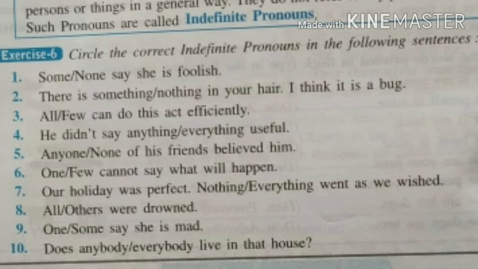Ninth, some or one say she is mad. Tenth, does anybody or everybody live in that house? From all these we have to choose and circle any one. So let us do this exercise.